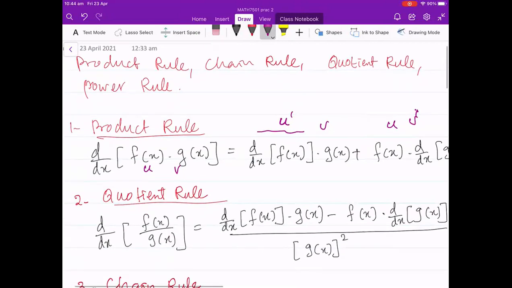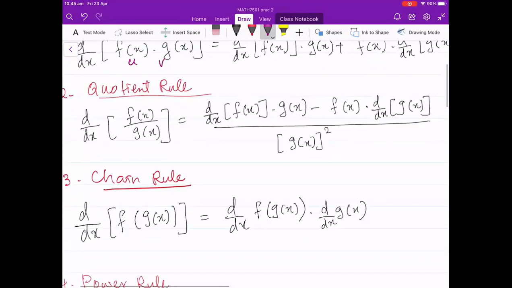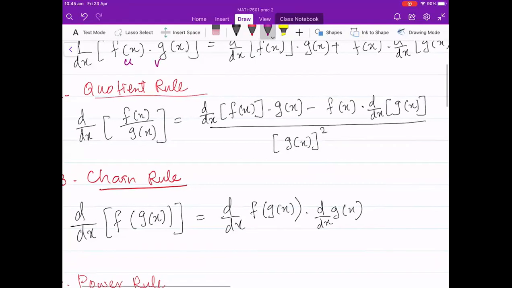What's the chain rule? Yeah, chain rule is, if you have one function in terms of the other function, you can use the chain rule to get the derivative.